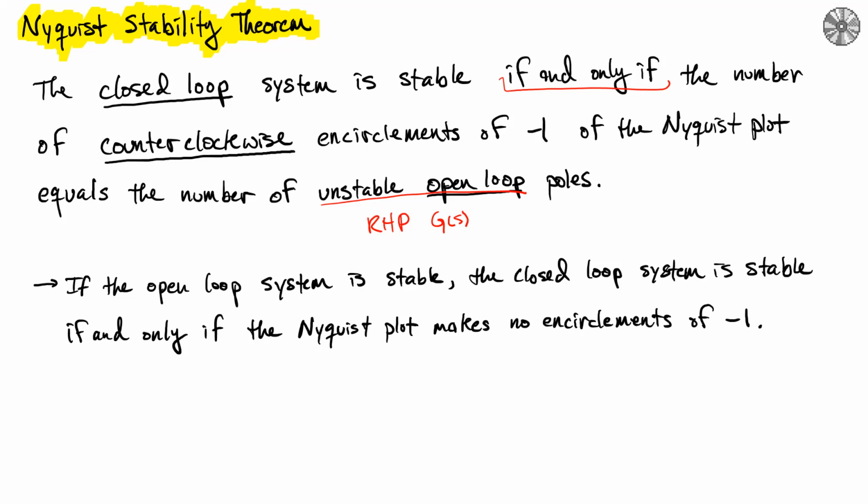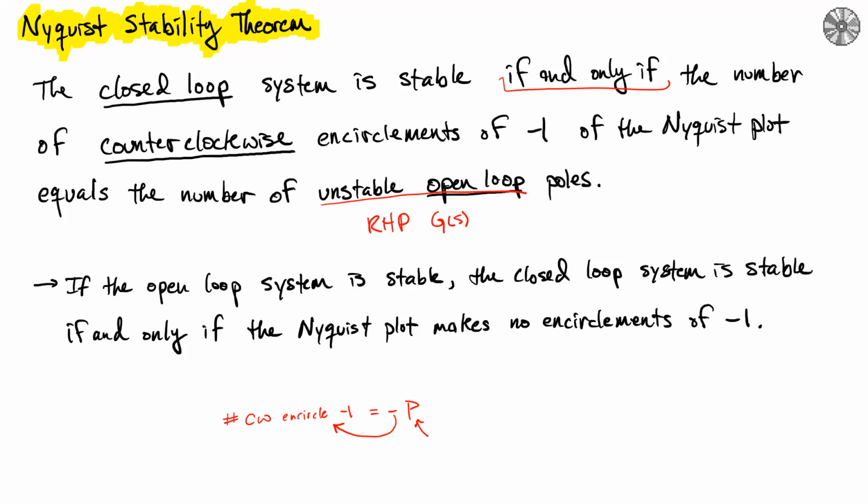On the previous slide, we had the number of clockwise encirclements of -1 has to be equal to minus p, where this was the number of right half plane poles. And so we bring this minus sign over here, and that creates counterclockwise encirclements.